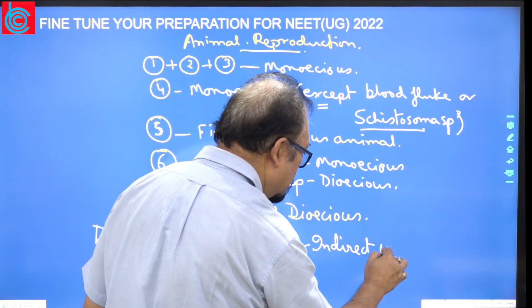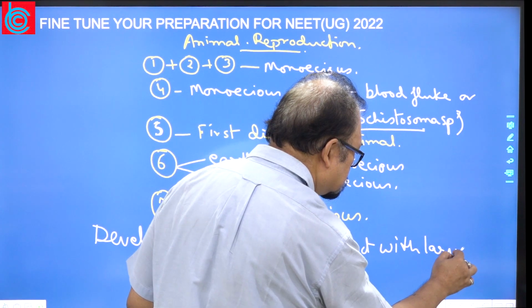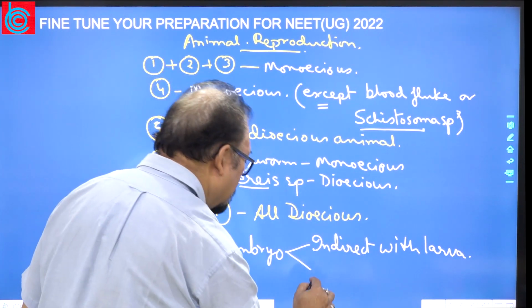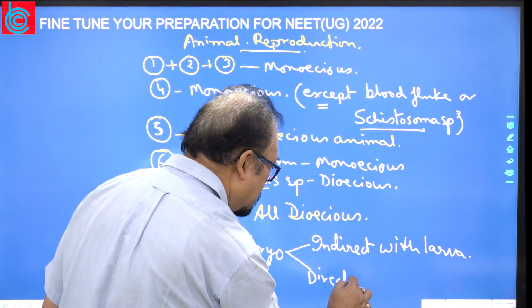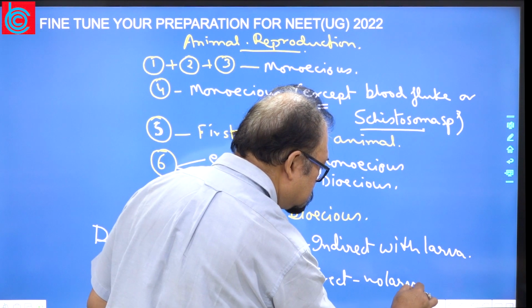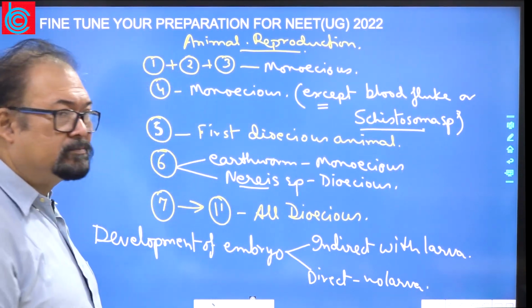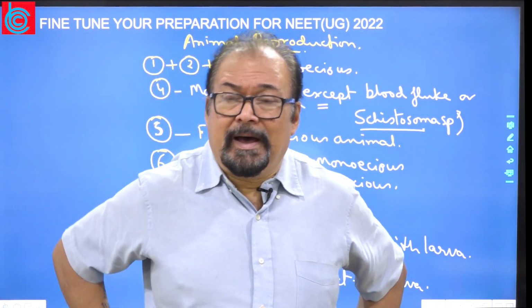Indirect, with larva. Direct, no larva. What is happening in human? What is happening in higher animals?